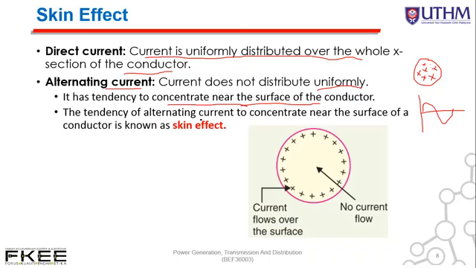The tendency of alternating current to concentrate near the surface of a conductor is known as the skin effect. From this figure, you can see an example of the cross-section of the conductor. For the alternating current case, current flows over the surface while no current flows in the middle. This is what we call the skin effect.